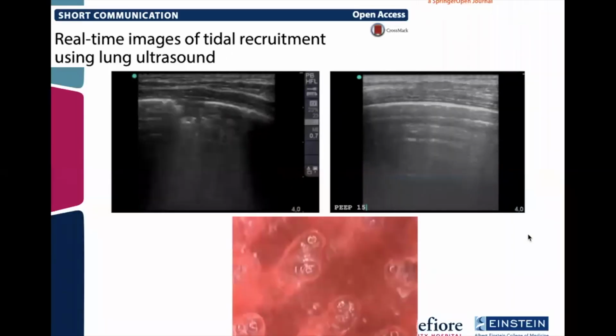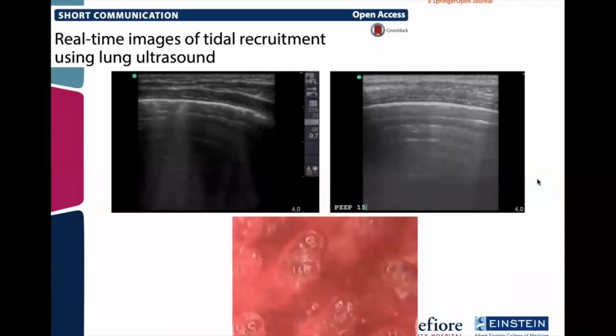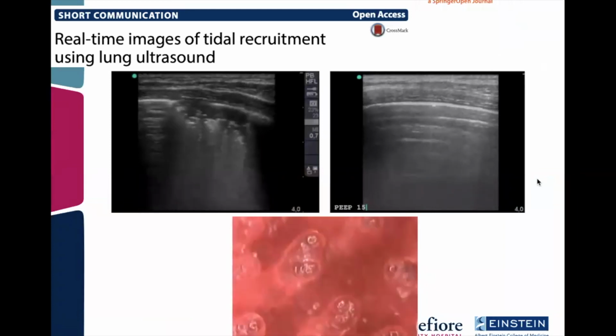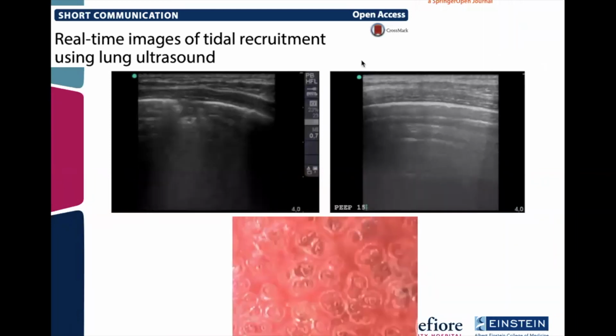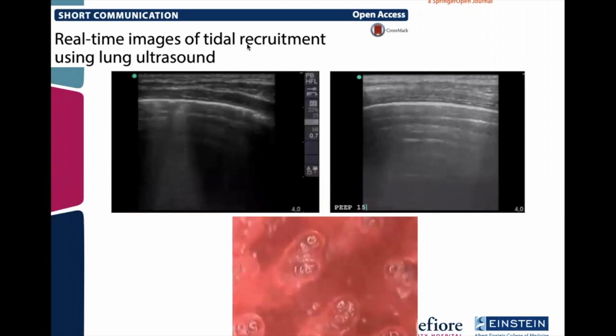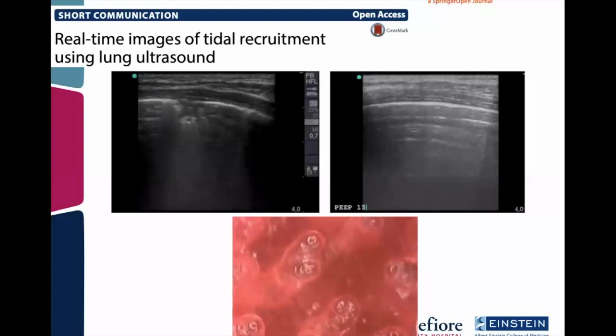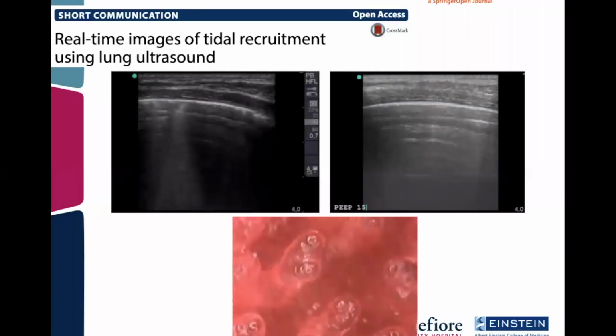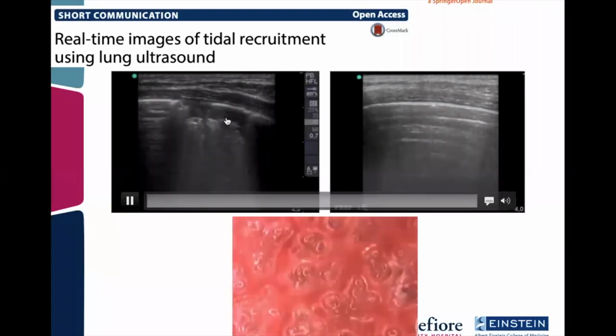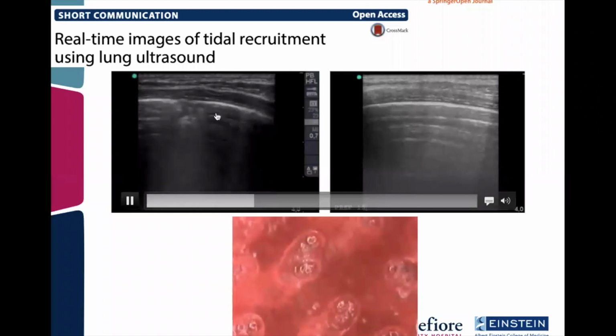So here, this was just a short case that was published looking at real-time tidal recruitment on lung ultrasound. So we know that one form of ventilator-induced lung injury is atelectrauma, and here we see evidence of alveoli that are recruiting with tidal volume delivery and then de-recruiting at the end.